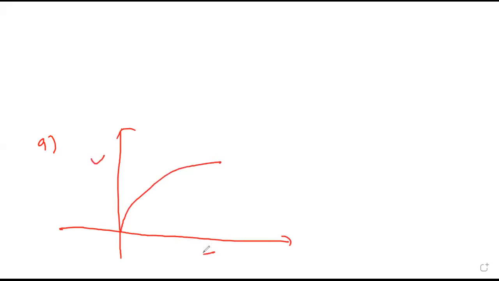The VI graph of a specimen is as shown. This is the VI graph as shown. See, slope of the VI graph is resistance.